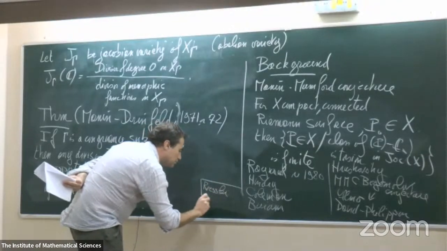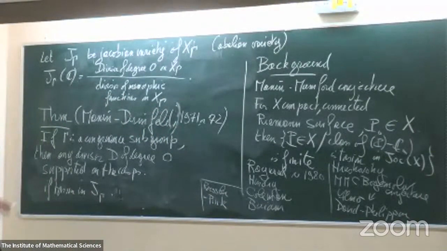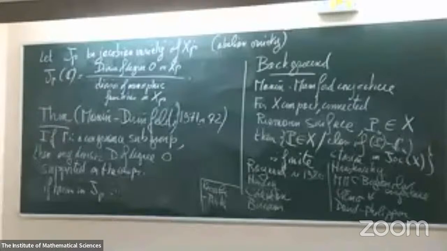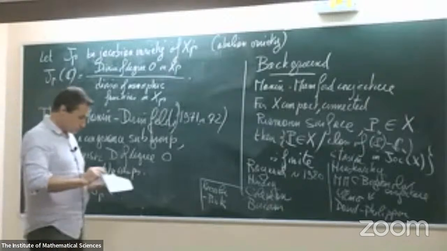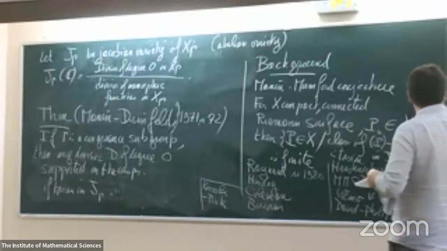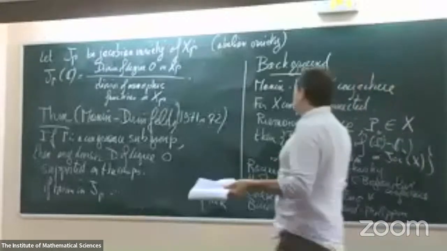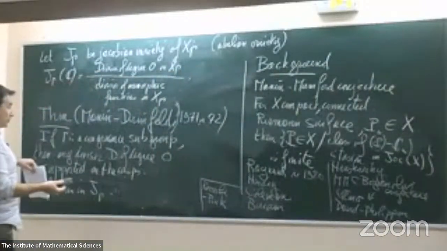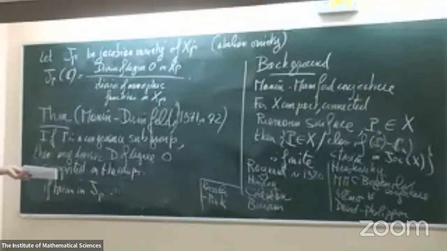So that is for the background, and about specifically modular curves, because the Manin-Drinfeld theorem deals only with divisors supported on the cusp. But what happens actually if you take a divisor not supported on the cusp?